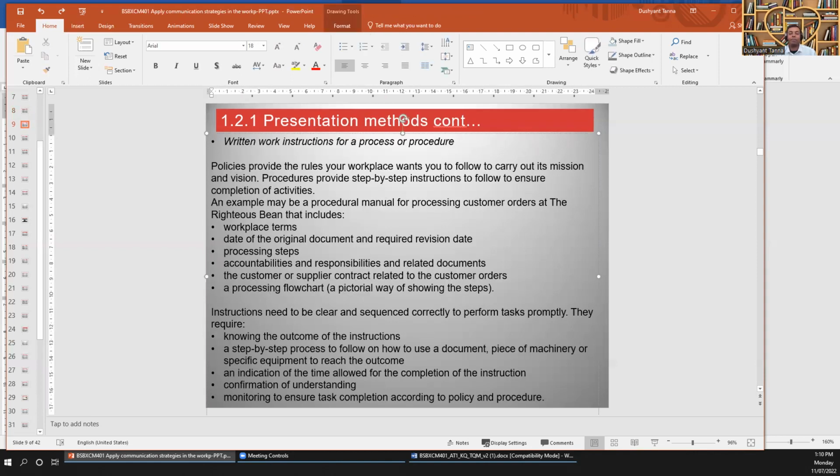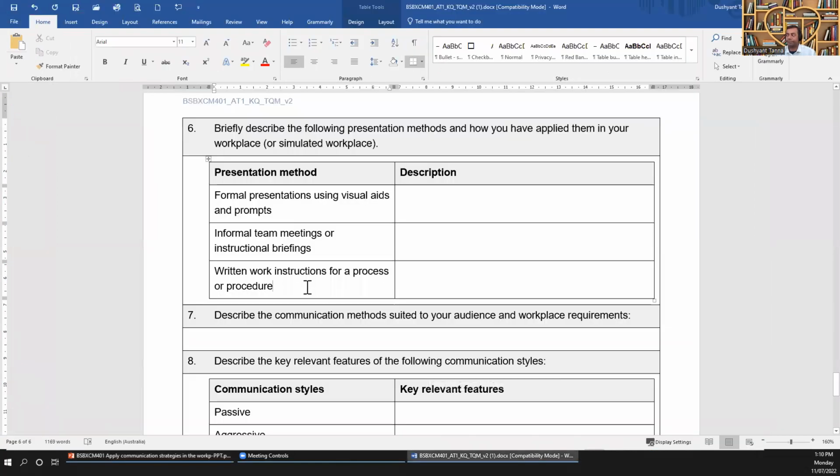Let's say the bench, the table you are sitting on, your laptop is resting on that. If you have to make such a thing, you have to follow the step-by-step process for it, if it is not already made for you. So this everything talks about the instruction and process or procedure. That was question number 6.